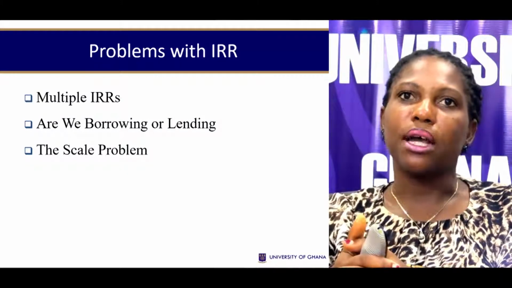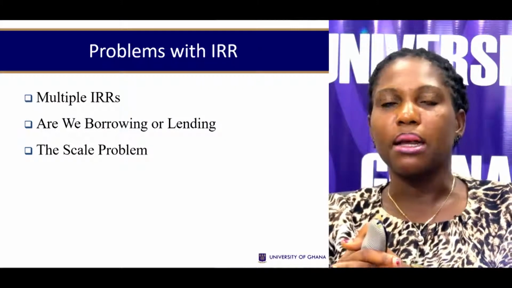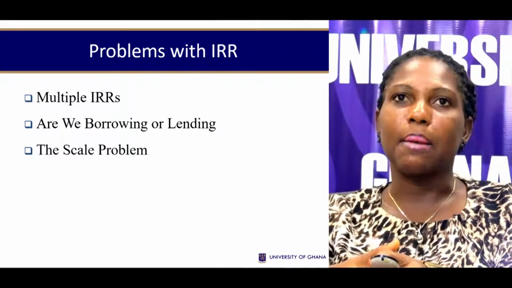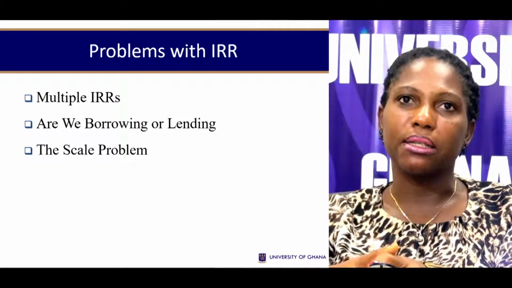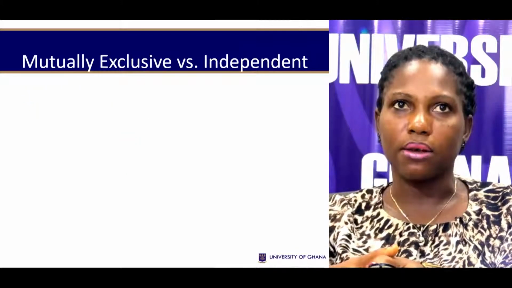Obviously, the choice will be the 20%, albeit lower than 50%, because the scale makes the 20% a better investment compared to the 50% on an initial investment of 1,000.